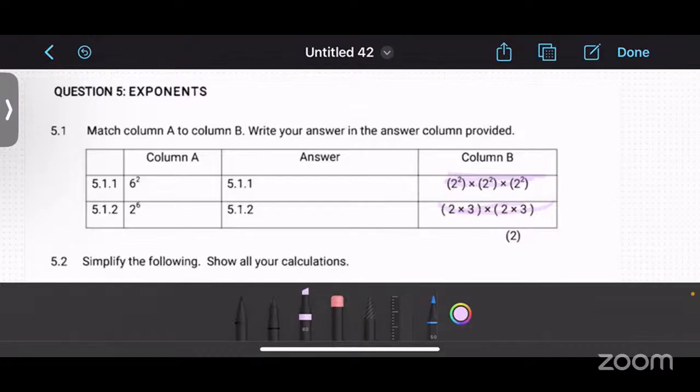So I'm asking for our 5.1.1, which one is going to be the correct answer? Is it going to be 2 to the power of 2 multiplied by 2 to the power of 2 multiplied by 2 to the power of 2? Or is it going to be 2 multiplied by 3 multiplied by 2 multiplied by 3?